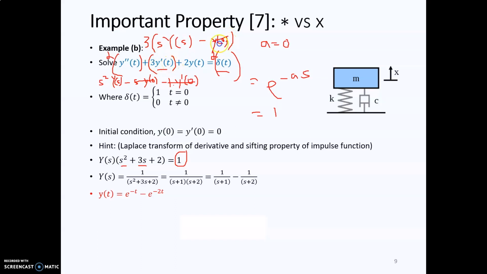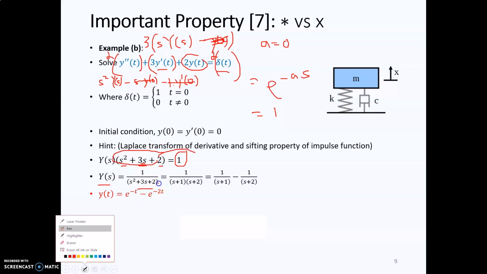Since your y(0) is 0, we can cancel it, then you obtain 3s Y(s), which is the second term here. And lastly, the Laplace transform for 2y(t) gives you 2Y(s). You collect the terms for Y(s) and move the other term to the right-hand side, then you get this. Check the roots of this polynomial, and you will find s is equal to -1 and -2.